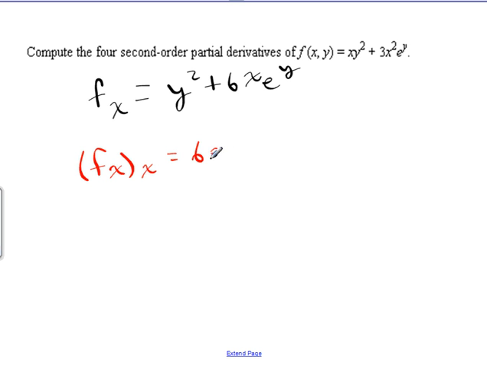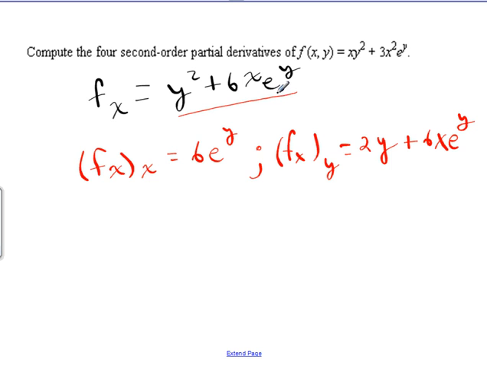That's going to be 6 e to the y. Similarly, how does f partial x change as y changes? That's going to be 2y plus 6x e to the y. So we just took the derivative of that with respect to y. So these are my first two.